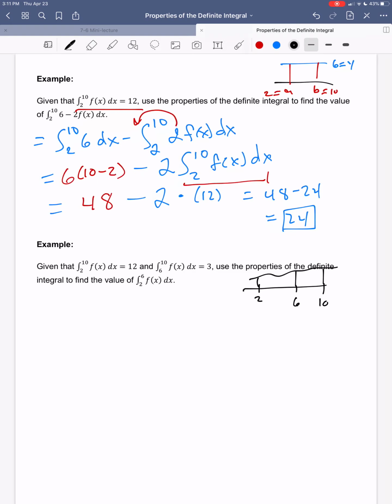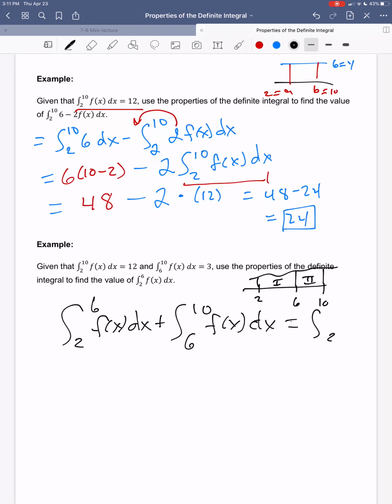Well, I can do the first area plus the second area to get the whole area. So I know if I do the integral from 2 to 6 of f of x dx plus the integral from 6 to 10 of f of x dx, that would be the integral from 2 to 10 of f of x dx. Right? If I do this area plus this area, it would be the whole area. And I know some of this. 2 to 6 I don't know.